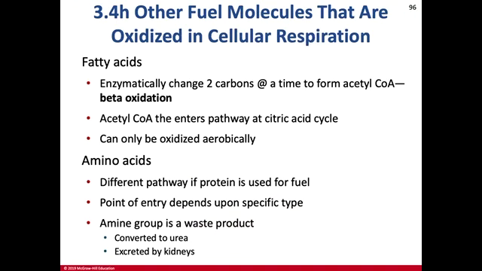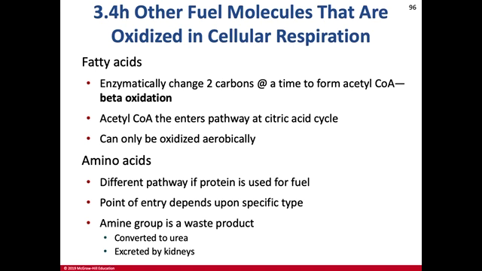Fatty acids enter the Krebs cycle through what's called beta oxidation, where we start at the acid end of the fatty acid and we break off acetyl-CoA molecules. So those are two carbon units. They enter the Krebs cycle, combining with oxaloacetate to form citric acid, and then you get one crank of the cycle, right? So you go through, and a typical fatty acid is going to be about 20 carbons long.